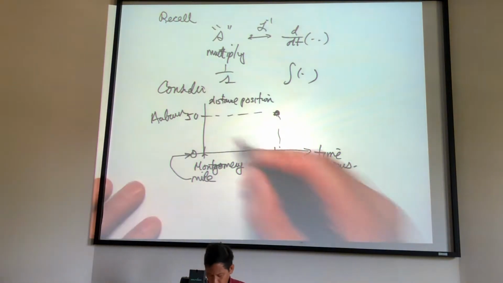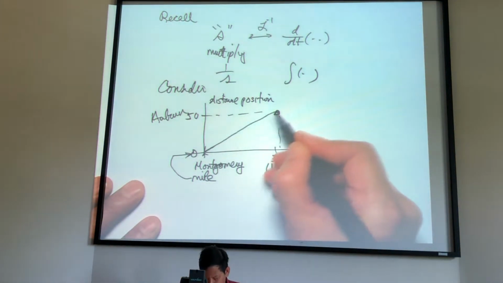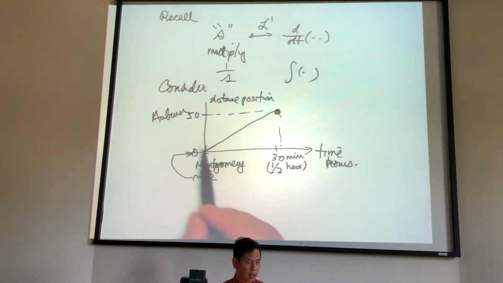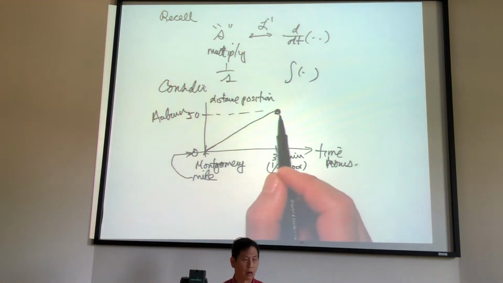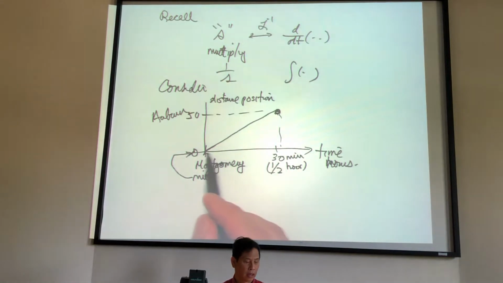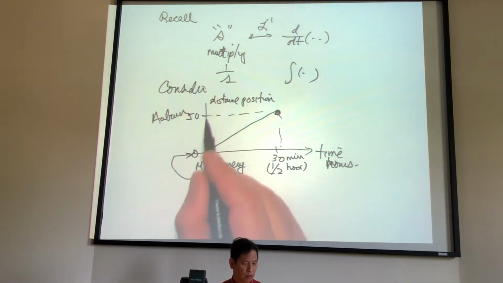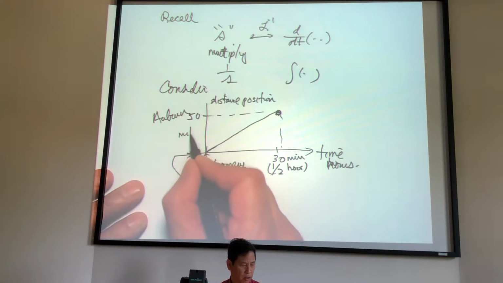Okay. So this line describes my position in my car, starting in Montgomery and driving to Auburn. And I get to Auburn in half an hour. This is position: 0 miles, 50 miles. So the units here is miles.